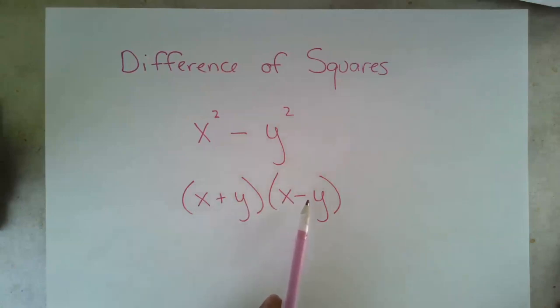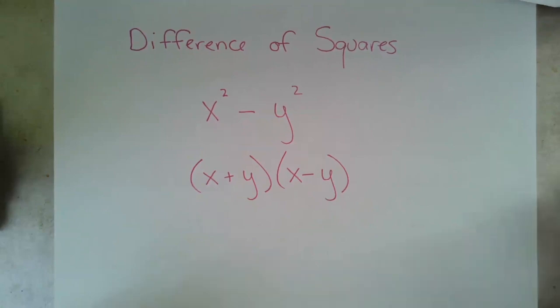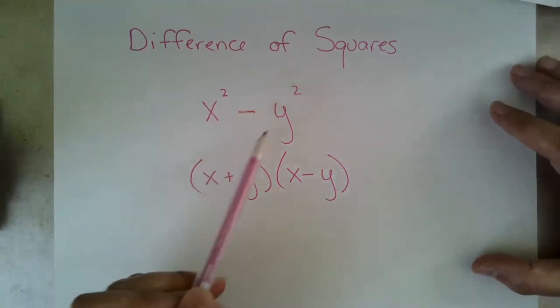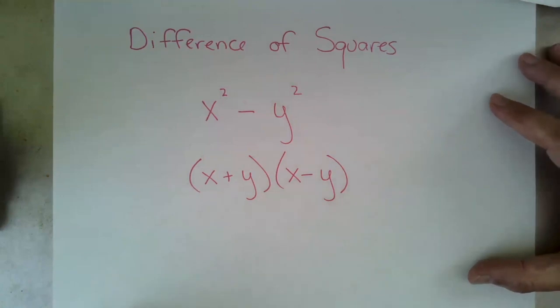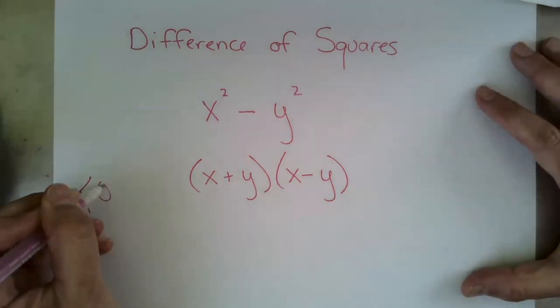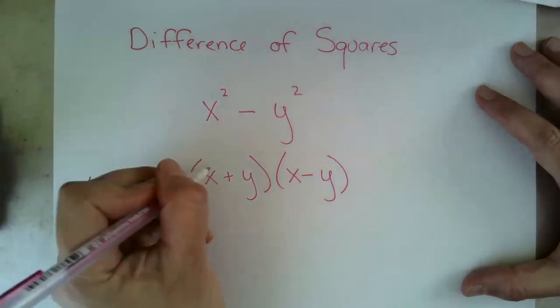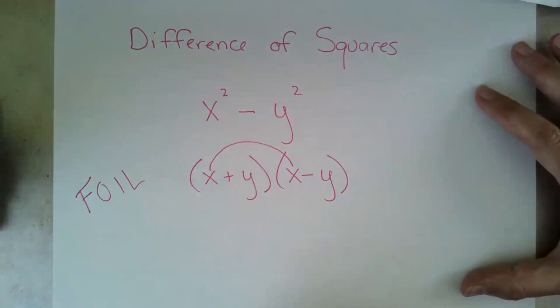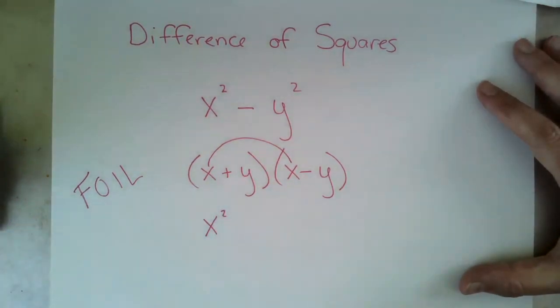times x minus y. So let's take a look at why this is true, how we know that this is the case, and what happened to our missing term, our xy term. Let's go ahead and apply our FOIL: firsts, outsides, insides, lasts. The first two terms in the parentheses, x times x, gets us our x squared.